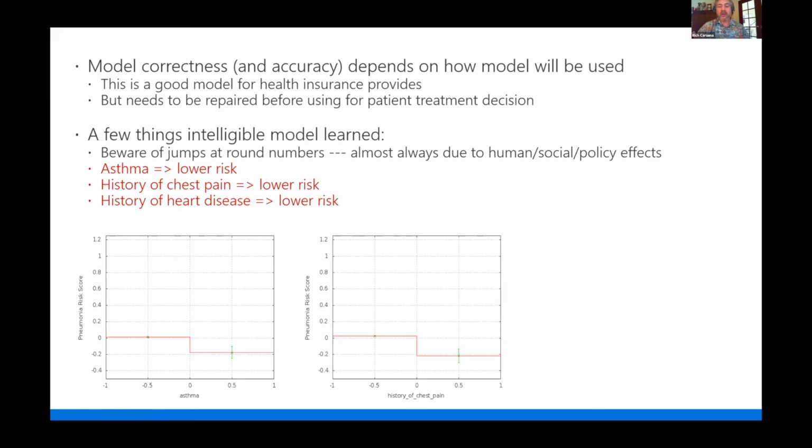In fact, it's pneumonia. Because of your history of heart disease, they consider you to be higher risk. You're already probably in the ER, so you get incredibly rapid and aggressive treatment. And that treatment is so effective that it really lowers your risk. There are actually two graphs that look like this, and it's an additive model. So heart disease really lowers your risk quite a bit, almost minus 0.4, more than asthma does.